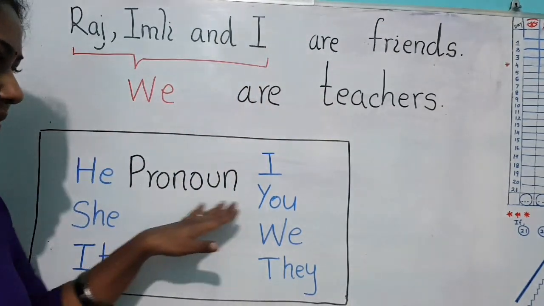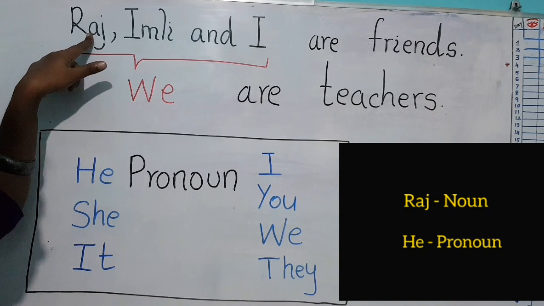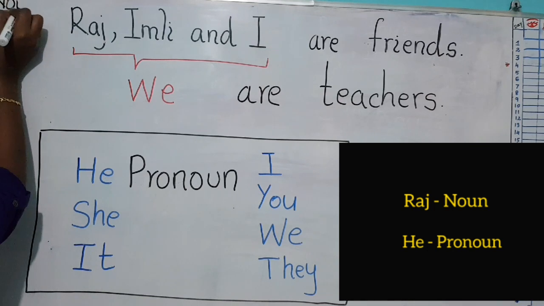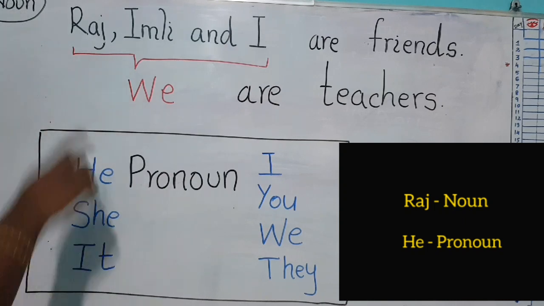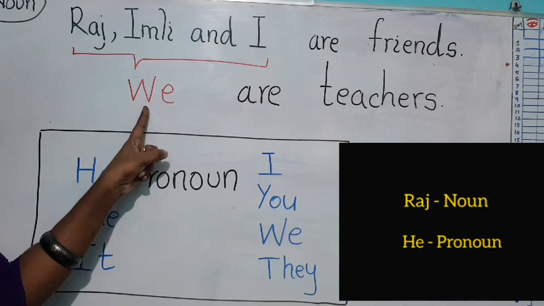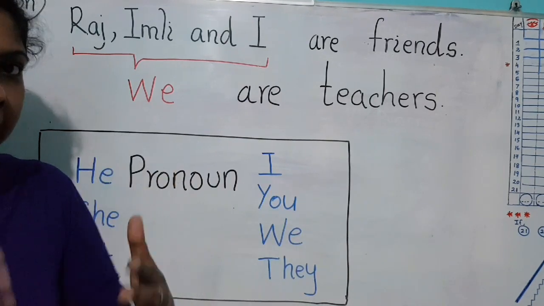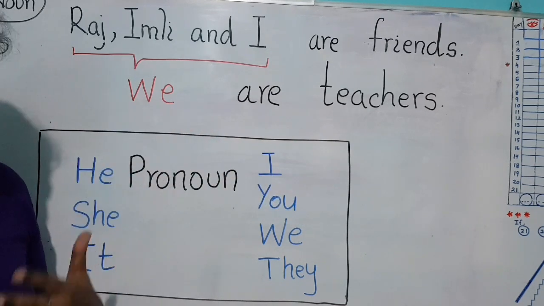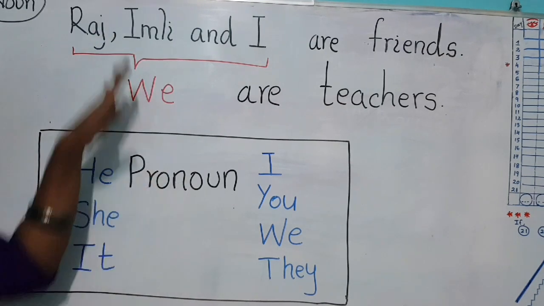What's pronoun? What's this? Raj? Noun. Okay. One word. For easy. Raj, Emily, and I. Again. We. We are teachers. We are friends. Okay? Pronoun. Copy down.